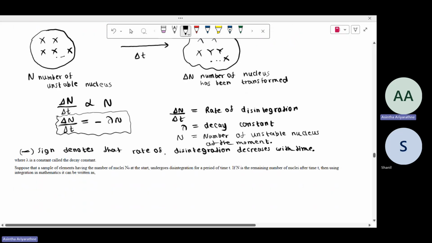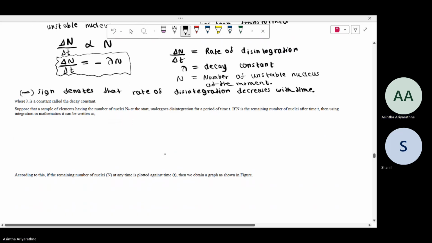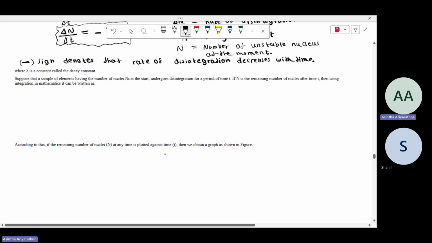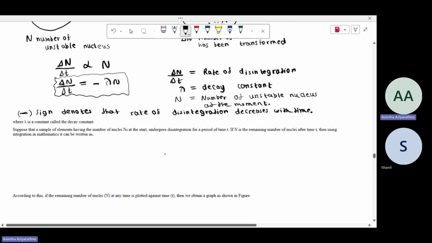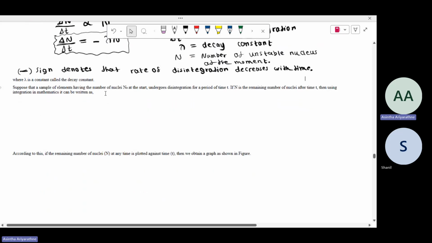Right, so now, in a more basic way, let's say we have a sample having N naught number of unstable nucleus at the start.